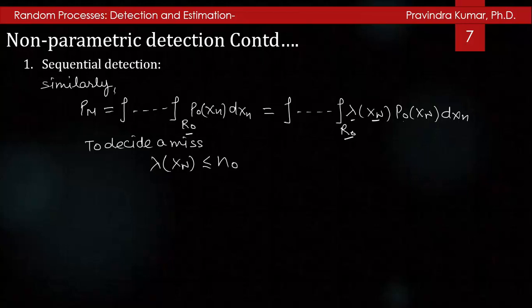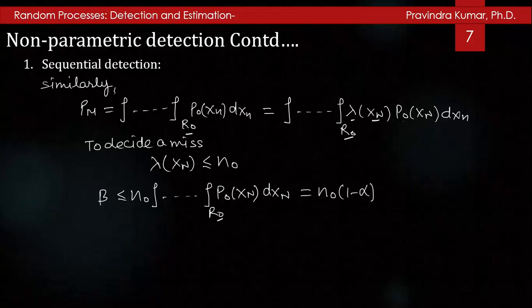To declare the miss, lambda xn will be less than or equal to n naught. So here you can say beta is less than or equal to n naught times the integration over range R naught of P naught xn dxn, which is equal to n naught times 1 minus alpha, and so this leads to a bound on n naught.